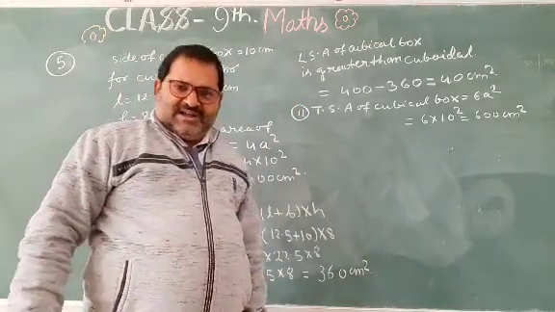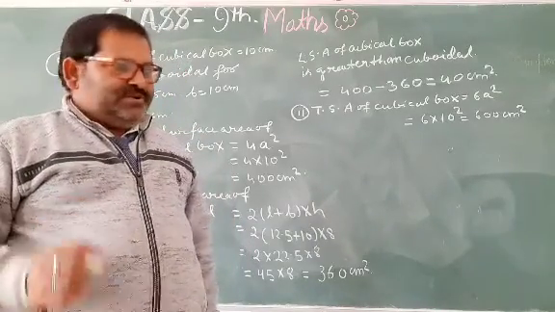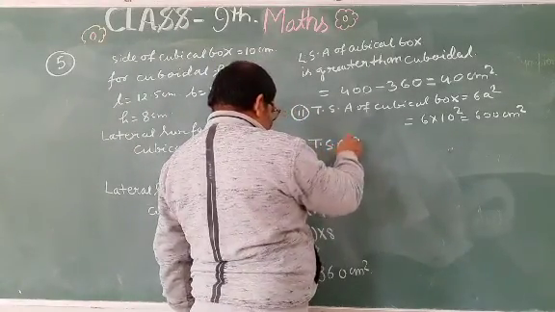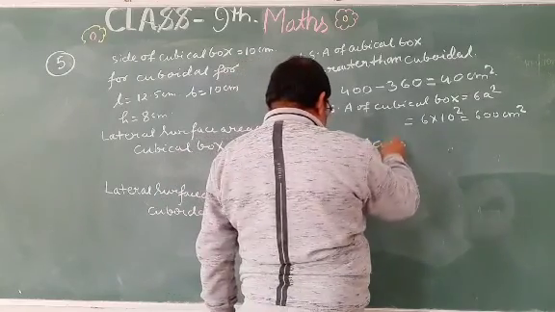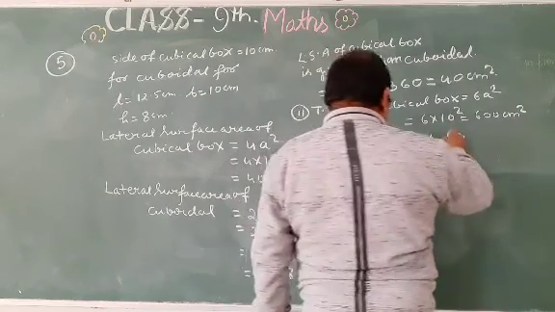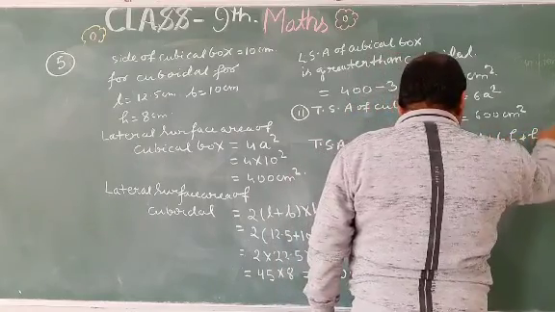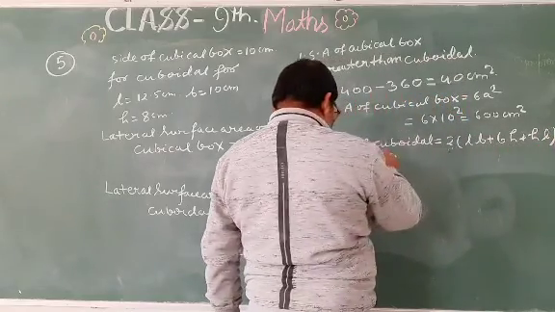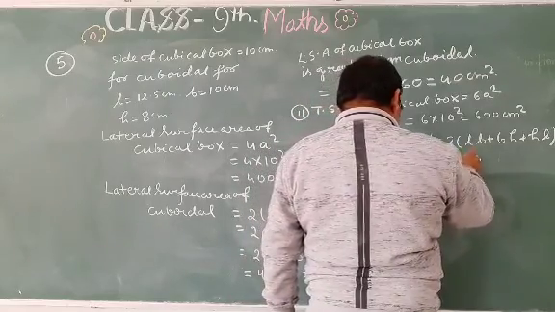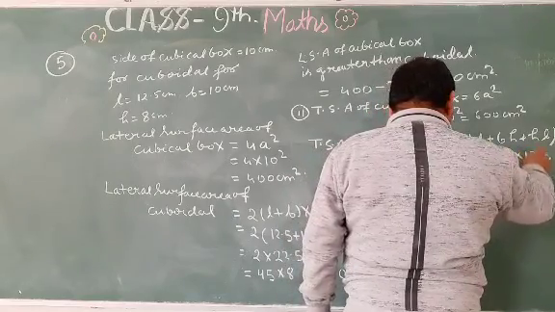And the total surface area of the cuboidal box equals 2(LB plus BH plus HL), which is 12.5 into 10 plus 10 into 8 plus 8 into 12.5.